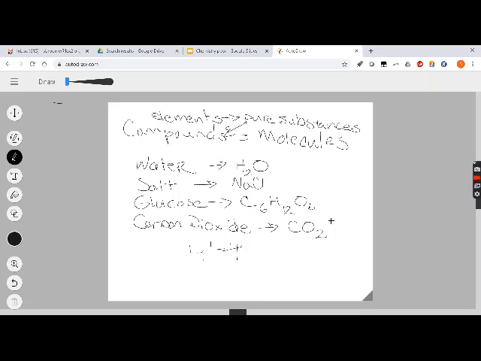So, now, how many atoms of carbon do we have here? Well, we only have one. You said there's no number. That's right. We only have one. Just like one atom of oxygen here, one atom of sodium here, one atom of chlorine here. Now, if we were to draw all these, I'm going to draw it for you in just a second.